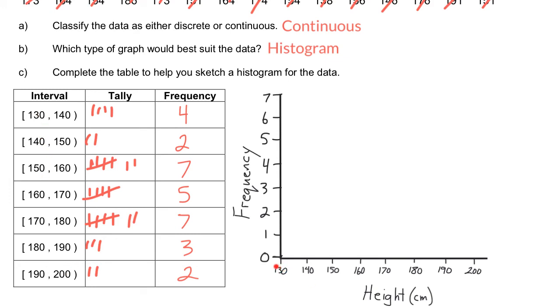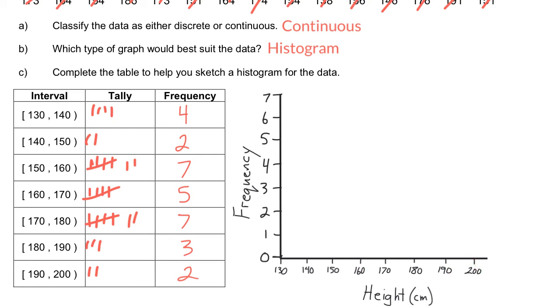So a lot of people start labeling with these on the axes, but what you want to do is just use the numbers. Label it the same as you would a line graph. So start at 130, there's 140, 150, 160, 170, 180, 190, 200.